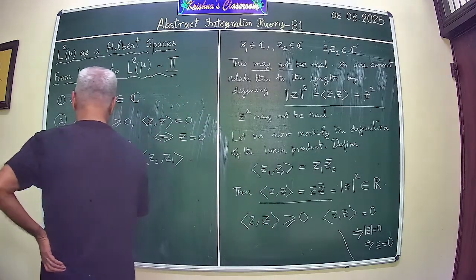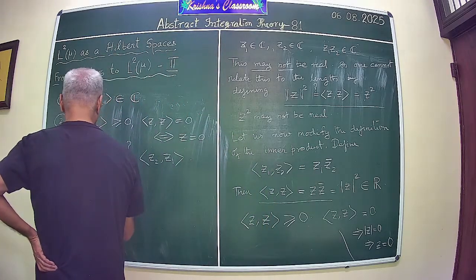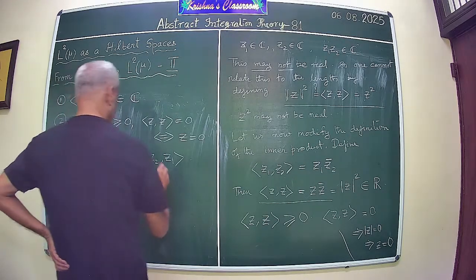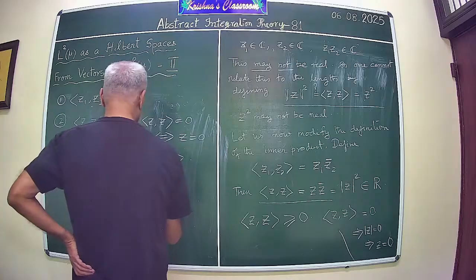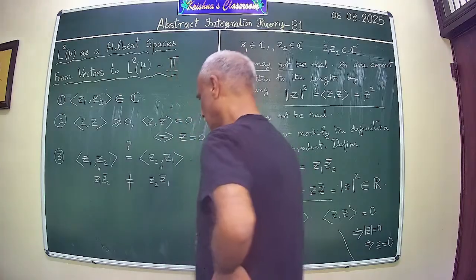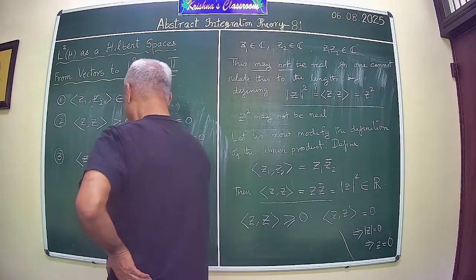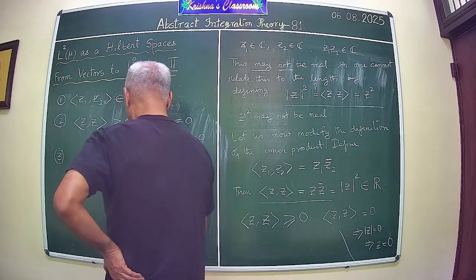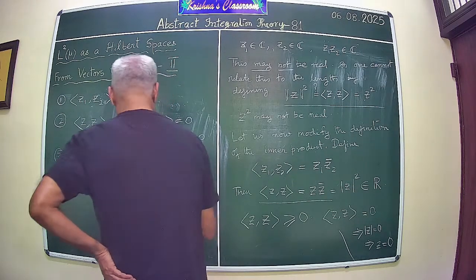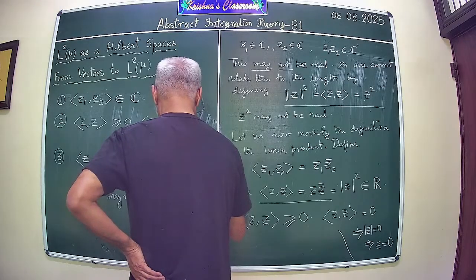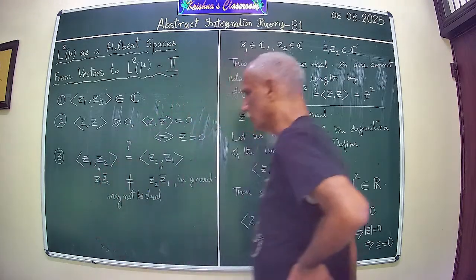Obviously not, because this is going to be Z1 conjugate. This is going to be Z2 Z1 conjugate. This may not be equal. In general, they are not.